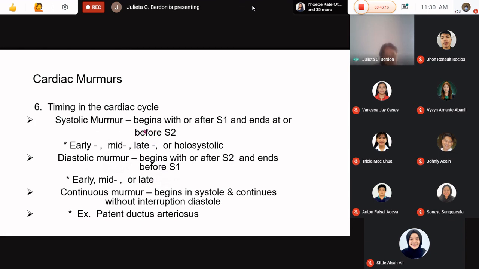Now, kung stenotic siya, mag-murmur ginang siya during systole. Pero during diastole, kani mga aortic valve, dili na siya makakos o murmur kay sufficient man siya. Ka-close man siya, di lang siya ka-open. Ka-close siya normally. Kaya di man siya insufficient, di ba?